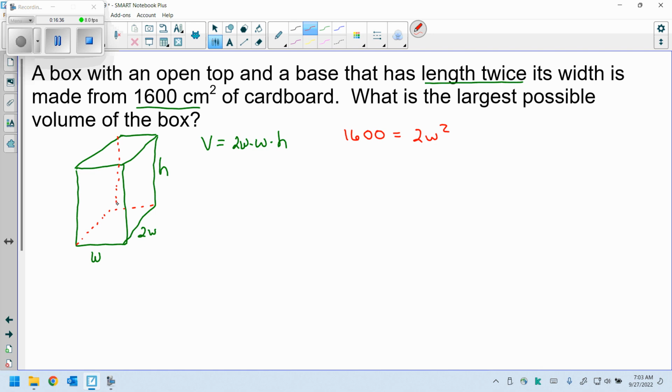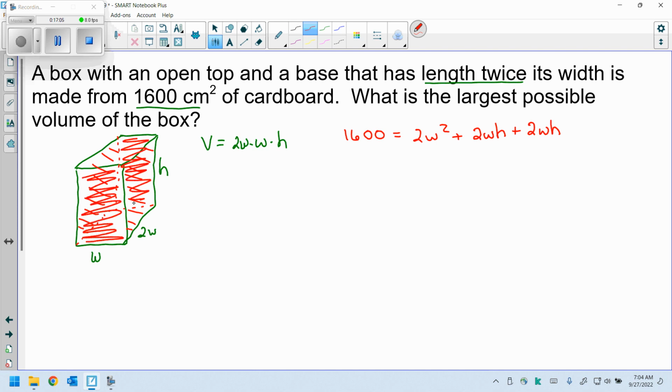And then we've got four sides. We've got this side right here, which is 2WH, which is the same as this side over here. And then we've got this front side of the box, which is WH, and so is the back of the box.